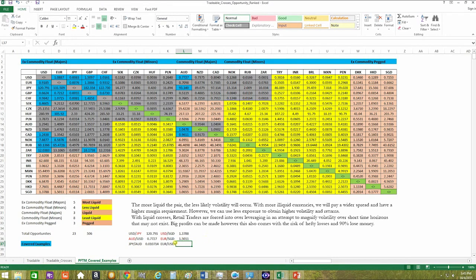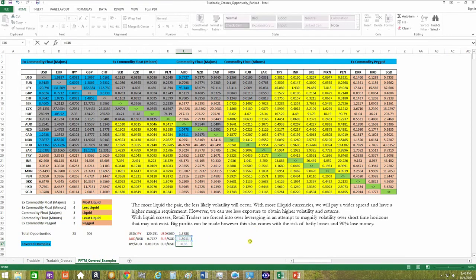Well, the convention here is if the currency that's left is the denominator in both circumstances, we can work out the new cross rate, the new dollar cross, by dividing.